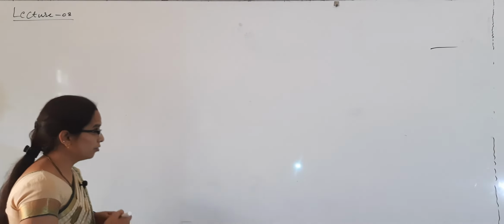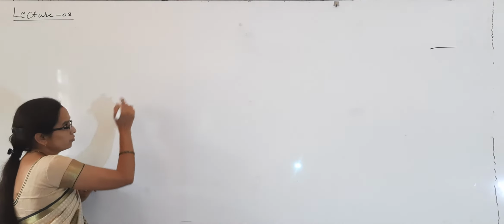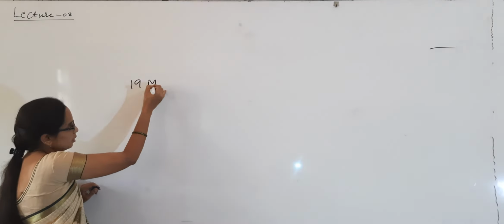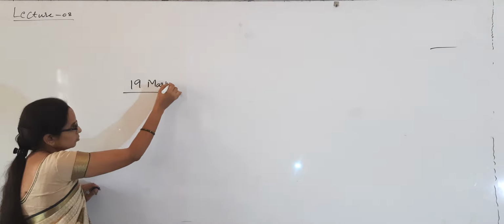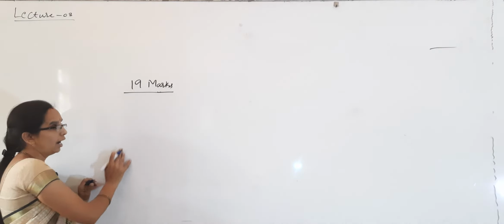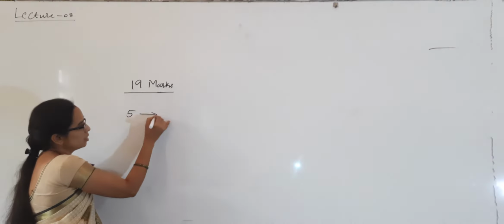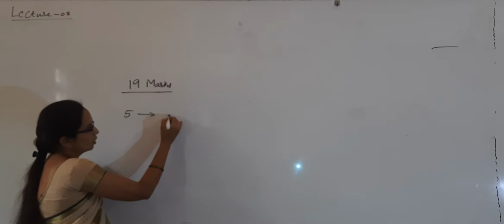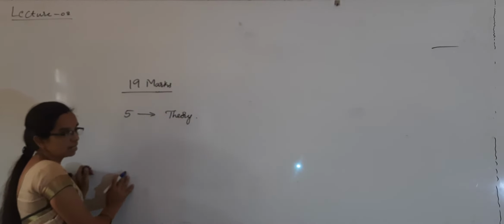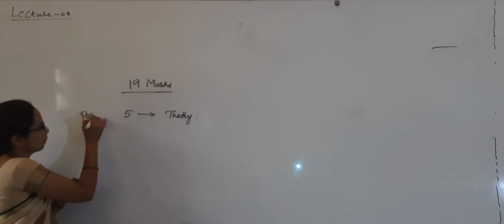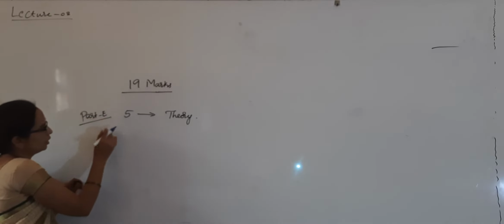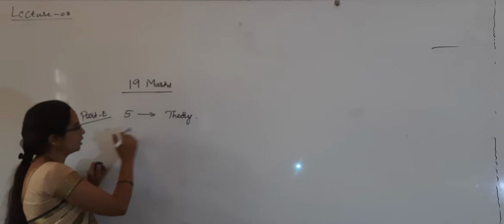From the examination point of view, this chapter in first PUC carries 19 marks in total. In the last part, part E, you get a 5 marks compulsory theory question.